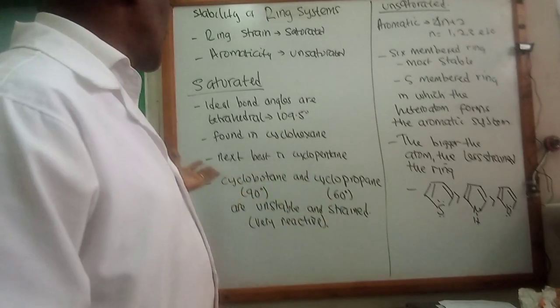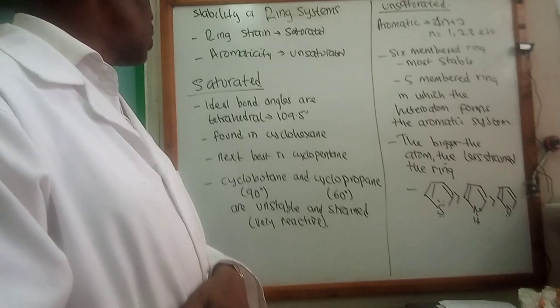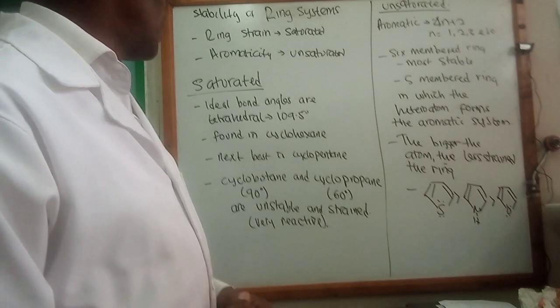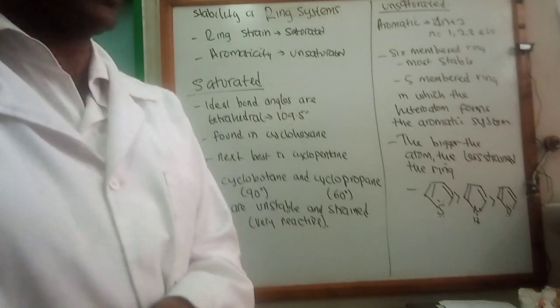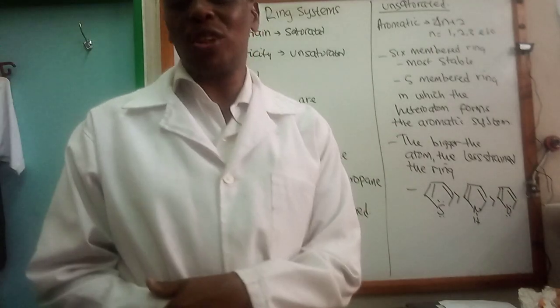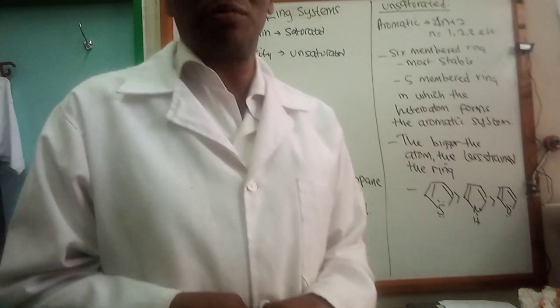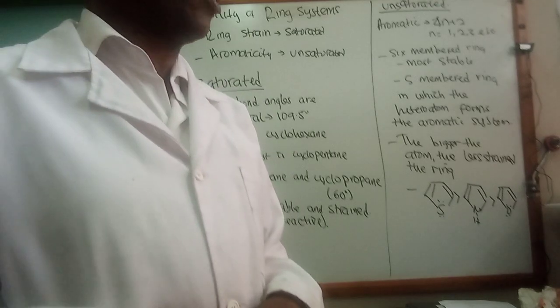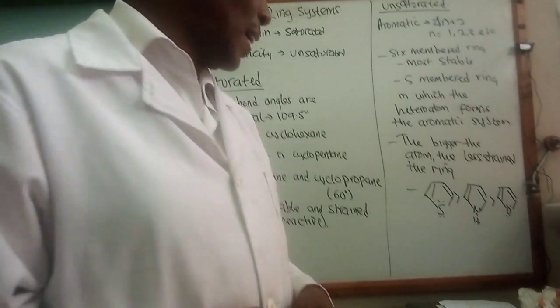So I believe you've learned something about saturated and unsaturated ring systems, and that the ideal bond angles are at tetrahedral angles. In this case, the ideal system is a six-membered aromatic system like pyridine.